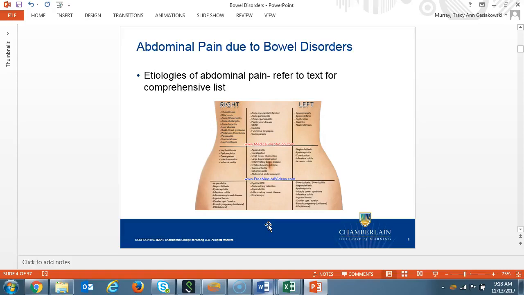Right lower quadrant pain can be associated with inflammatory bowel disease, irritable bowel syndrome, infectious colitis, and constipation. Left lower quadrant pain can be associated with diverticulitis, irritable bowel syndrome, inflammatory bowel disease, constipation, and infectious colitis. We'll go over differential diagnosis of abdominal pain in more detail after talking about some common bowel disorders.